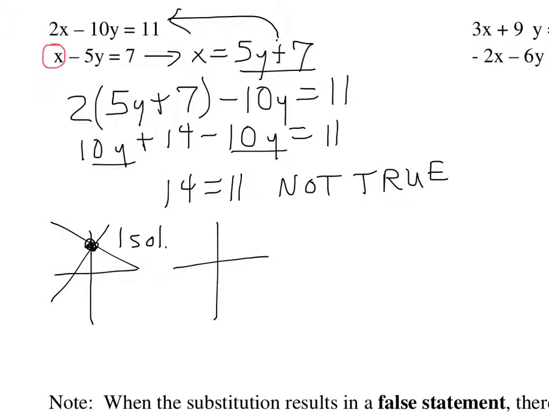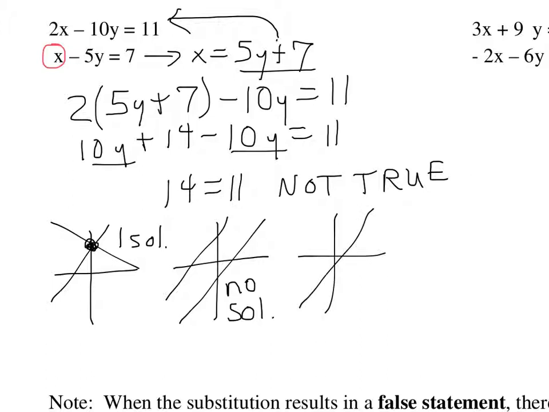We said that sometimes the lines are parallel. They never cross. There is no solution. And we also said that our third option is that the two lines are on top of each other. It's the same line. And if that's the situation, we have not one solution, we have an infinite number of solutions.